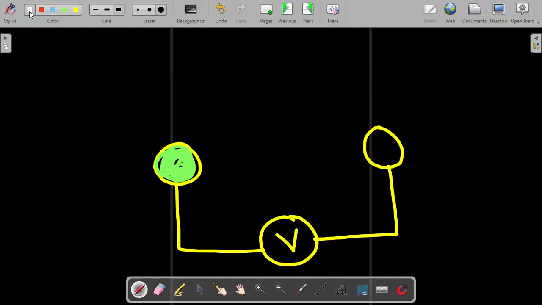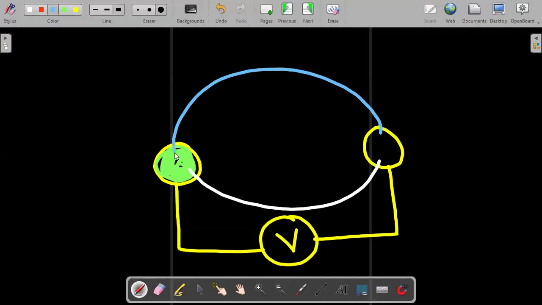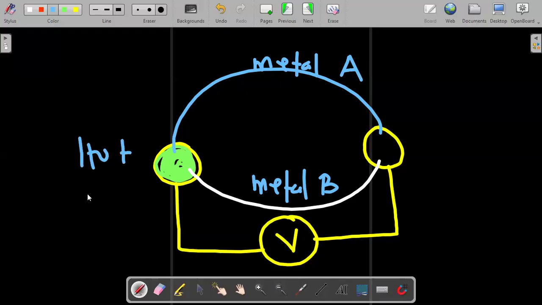We have a wire from here to here, and another wire from here to here. Let's call this metal B. Then this is metal A. The first one is the hot junction. The second one is the cold junction.